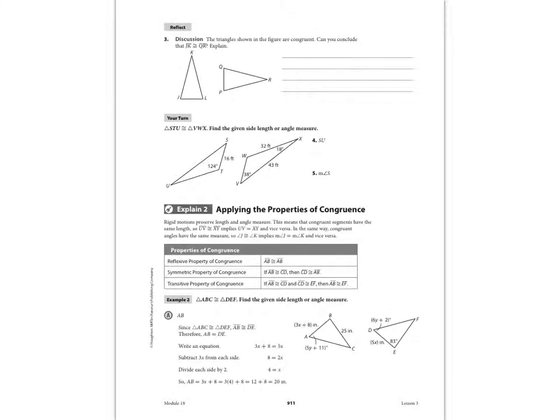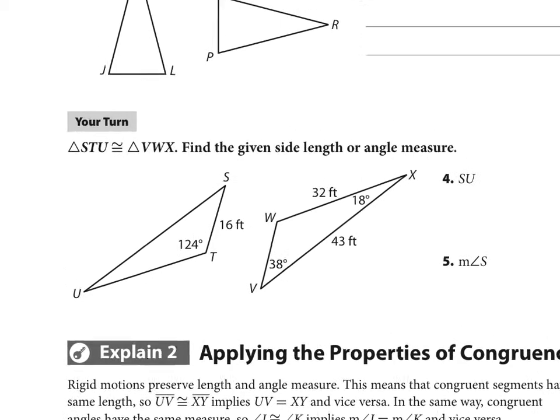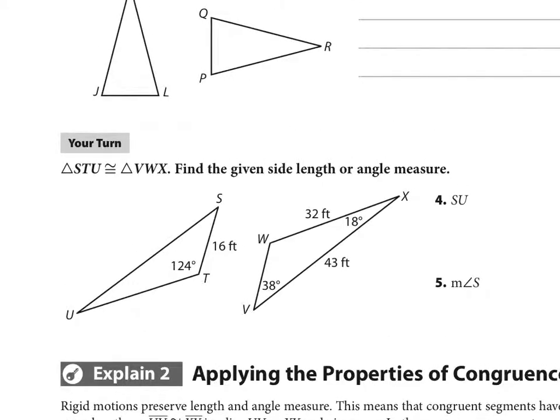On page 911, let's take a look at your turn number 5 and number 6. So here we have two congruent triangles. It actually gives us a congruent statement right here.